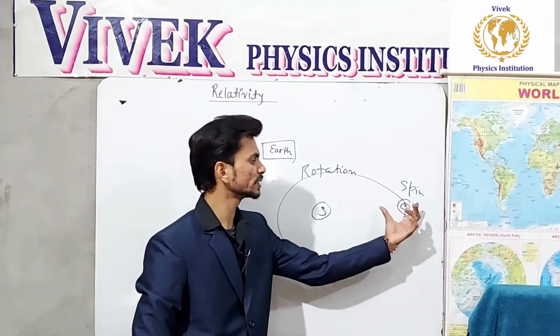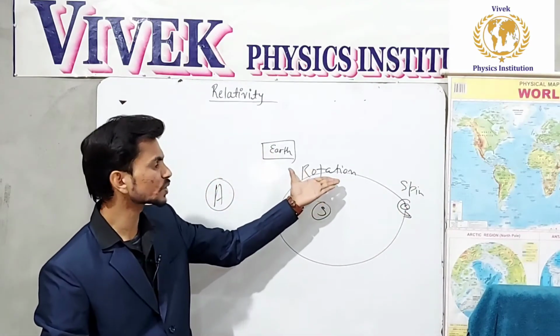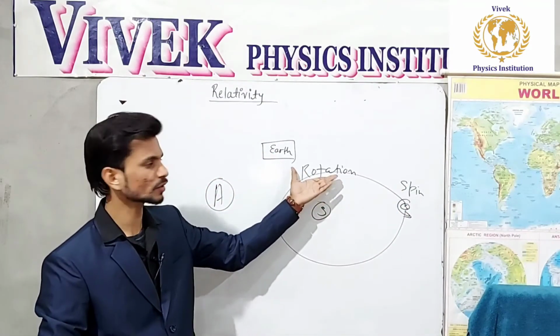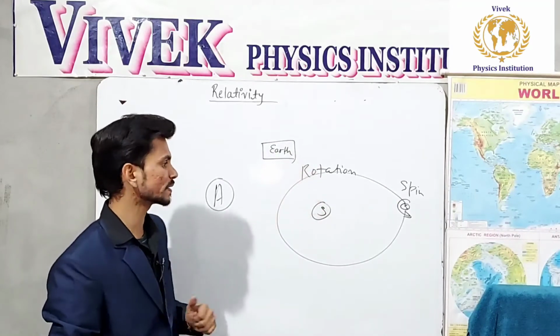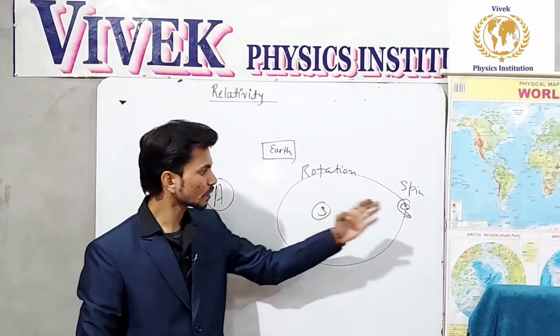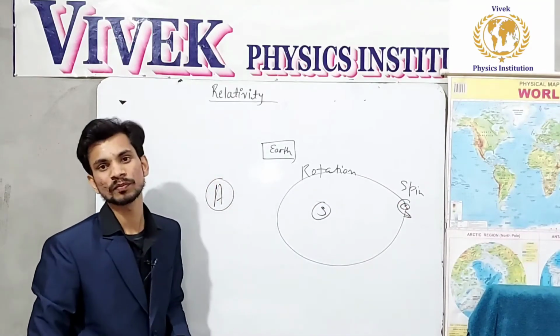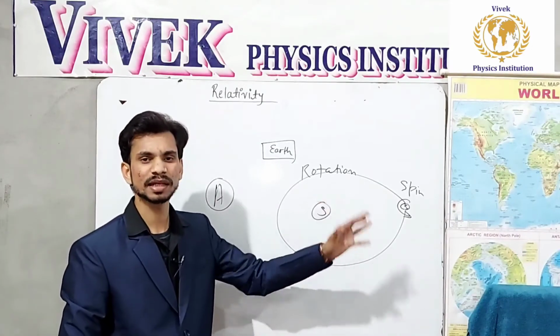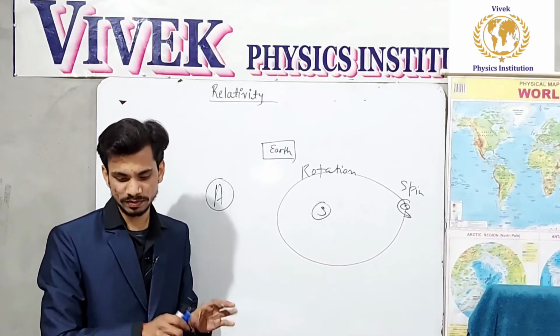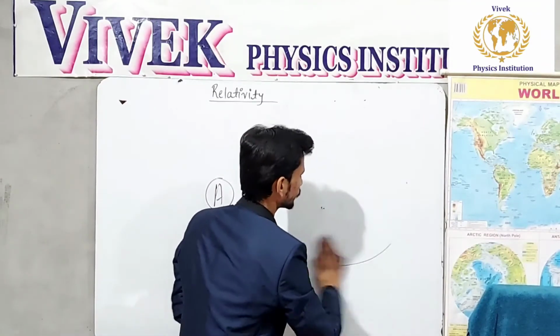One is due to the spin motion and the other is due to its rotational motion. So in all situations, the observations made by A of an event happening on the Earth will differ. So this dissimilarity makes the Earth a non-inertial frame of reference.